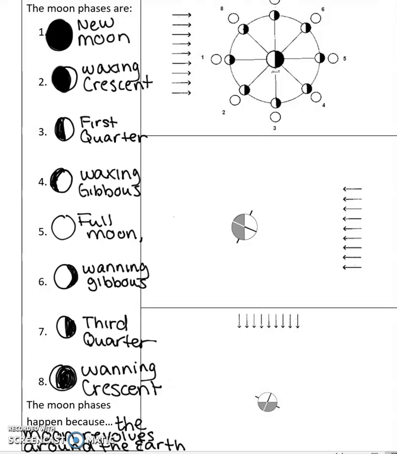Okay, so now we're going to come over here and we're going to look at this top diagram right up here. And we see that we have the sun, and the sun is going to be over here. And then right here we have the earth, and then we show that we have 8 half-lit moon phases.